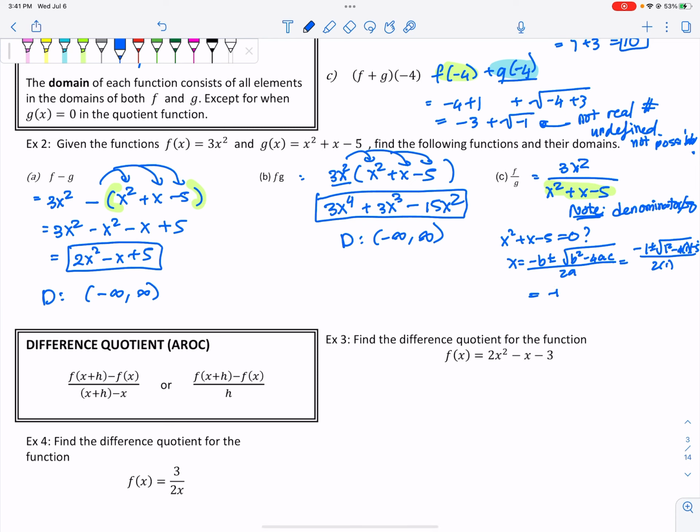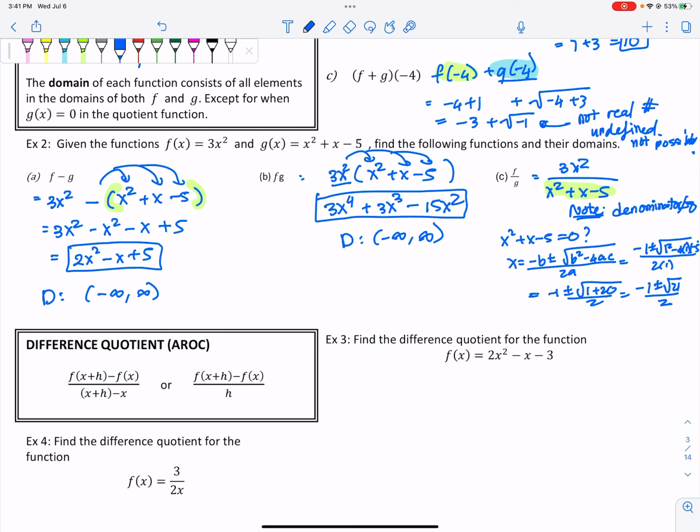That reduces to negative 1 plus or minus the square root of 1 minus 4 times 1 times minus 5, that's going to be plus 20, over 2. That will reduce to negative 1 plus or minus the square root of 21, over 2.